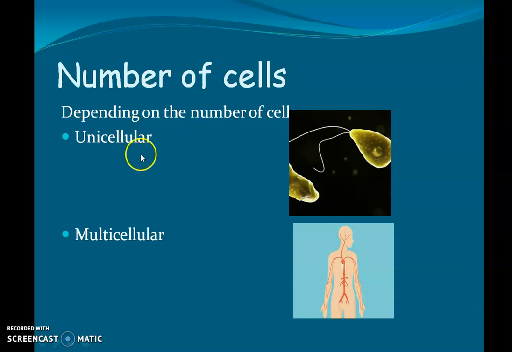Uni, as the name suggests, are made up of only one cell, while multicellular organisms, on the other hand, are made of many cells. We can quote amoeba as an example for unicellular and we, the humans, as an example for multicellular organisms.